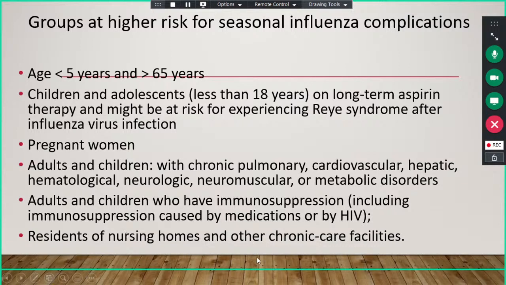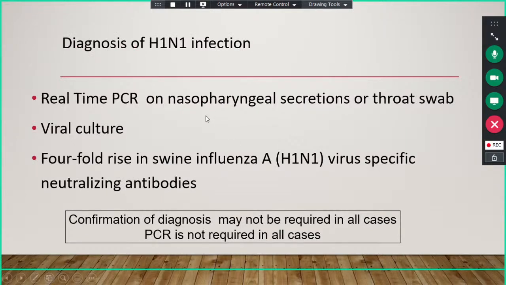Residents of nursing homes and other chronic care facilities are at increased risk of getting infection and occasionally severe disease also. So how do you make a diagnosis? You do a real-time PCR, RT-PCR, on nasopharyngeal secretions or throat swab. Another one is viral culture.